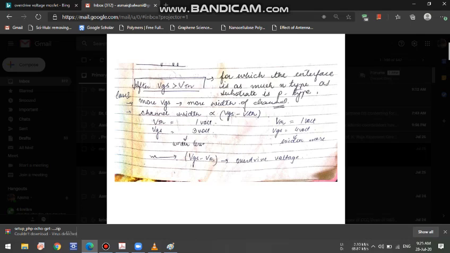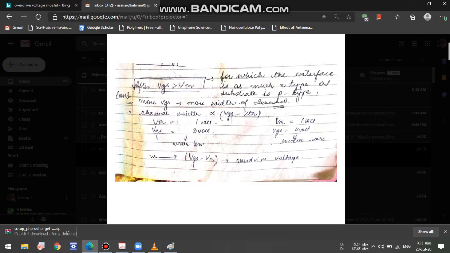So VTH is the minimum gate source voltage that is required to replace the X number of holes by X number of electrons. That is why we say that when VGS is greater than VTH, the interface is now as much N type as the substrate is P type.